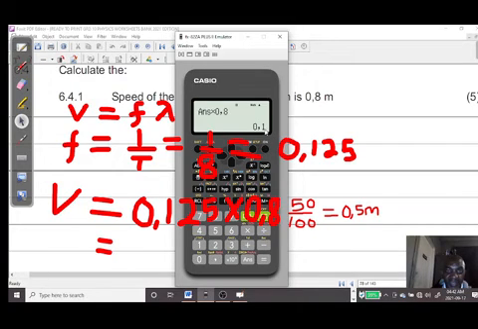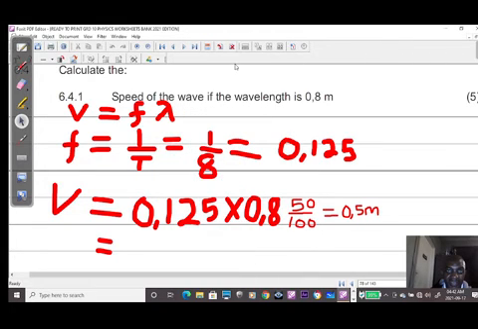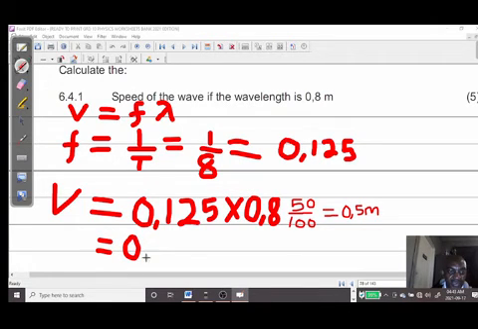So my speed is 0.1 meters per second. This is the speed of my wave, 0.1 meters per second. I hope we are together, guys. Let us proceed.